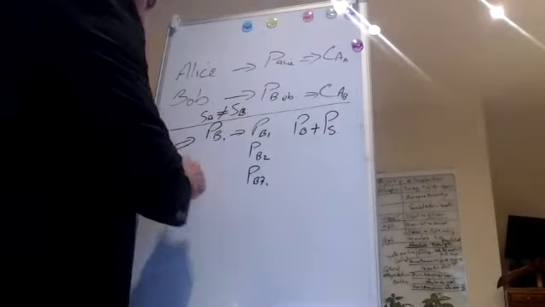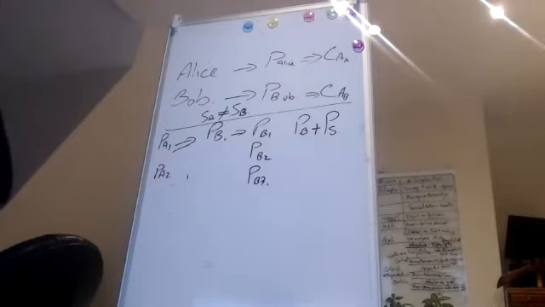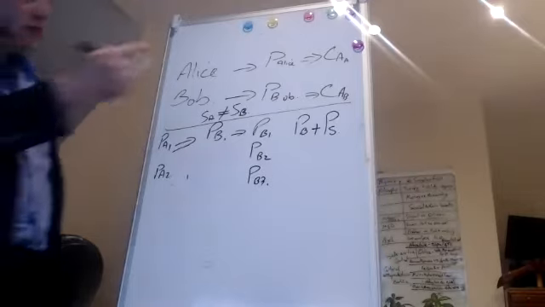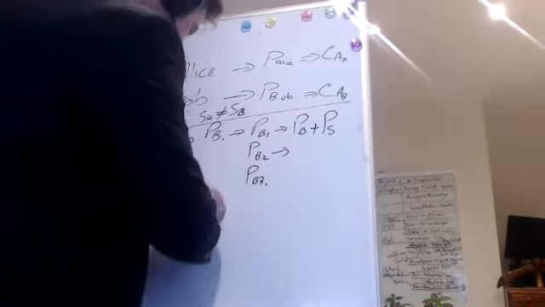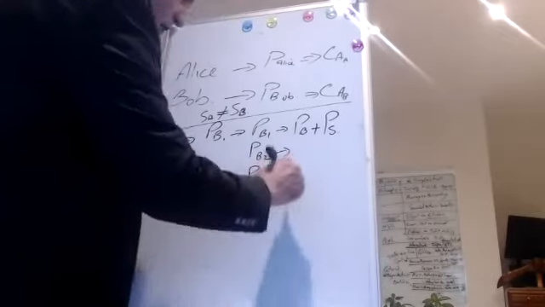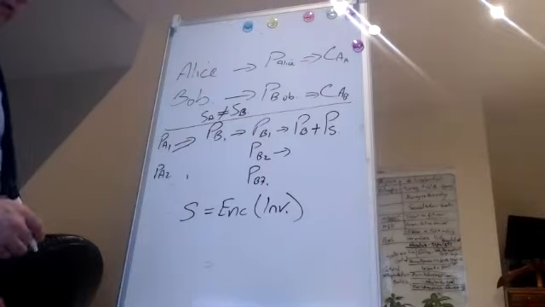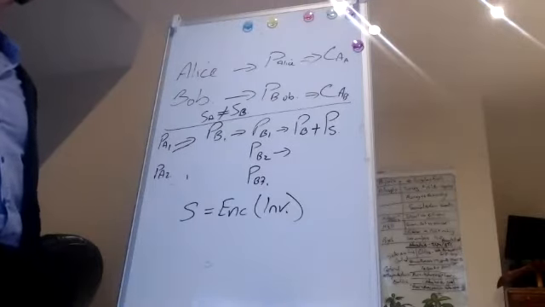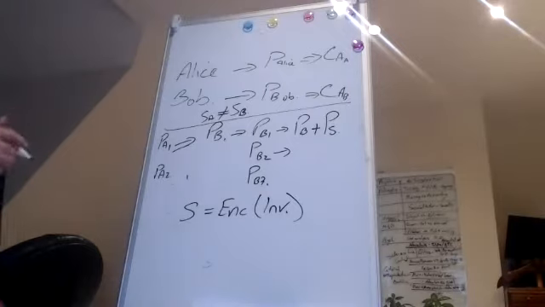Now, if we have any format where we knowingly create these, we now have a methodology where we can have keys known by both parties. Now, S can be something like encrypted value of invoice. It can be the time, the date, a challenge, all sorts of fun things.